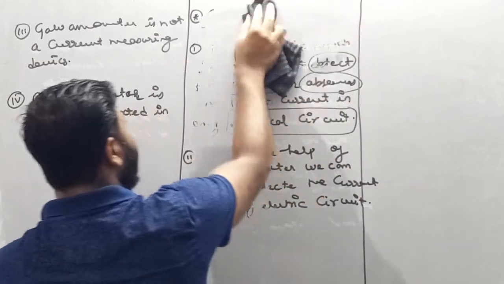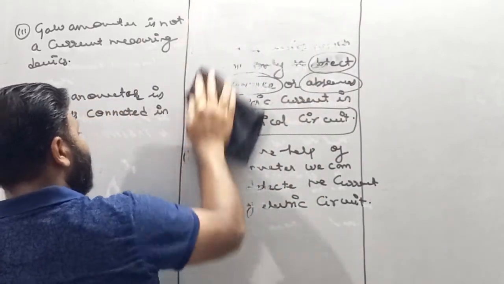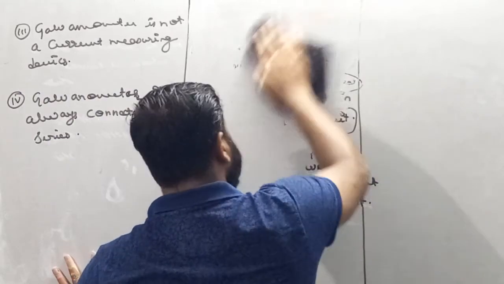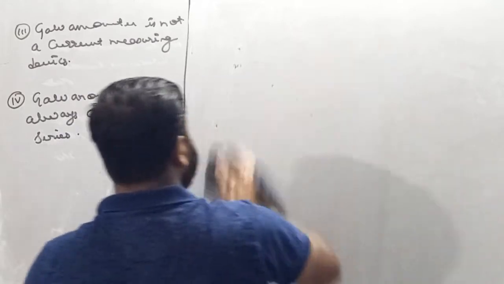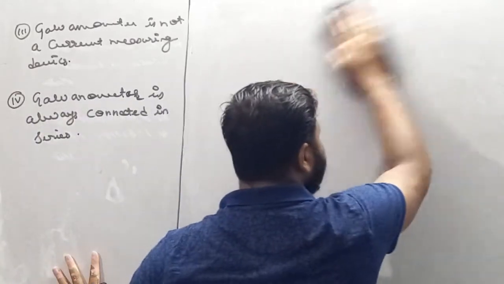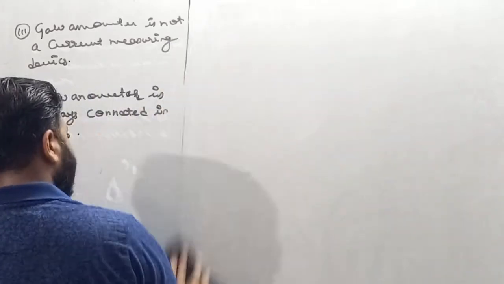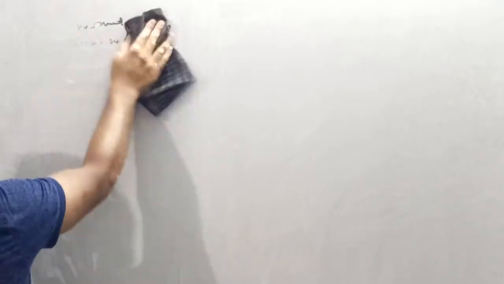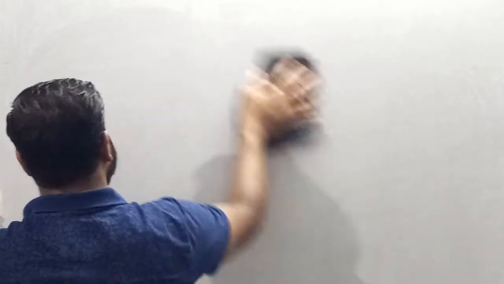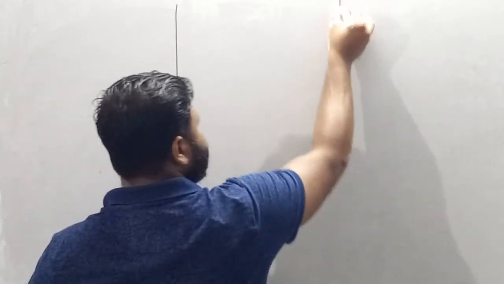So write down in the format of a question, write down the question: why galvanometer is not used as a current measuring device? Write down the question, why galvanometer is not used as a current measuring device.